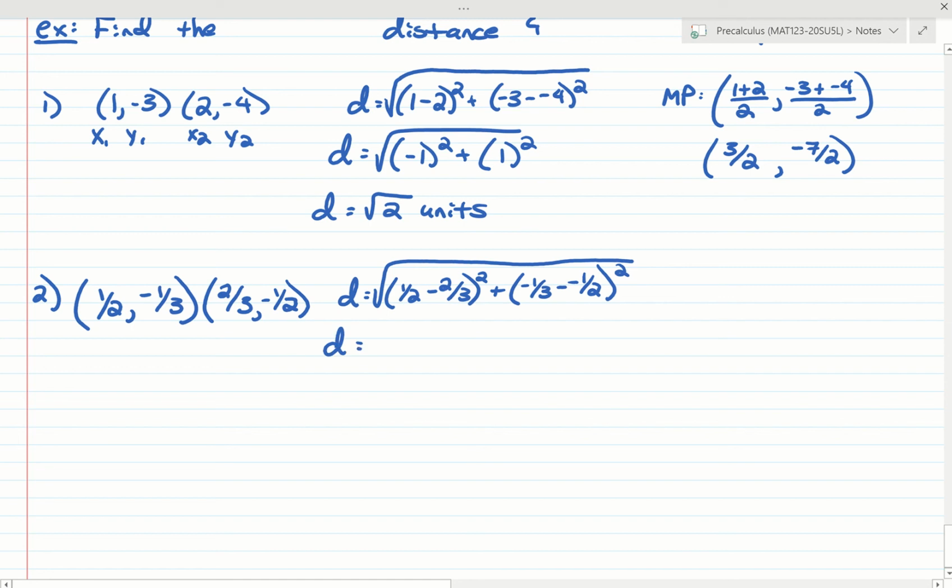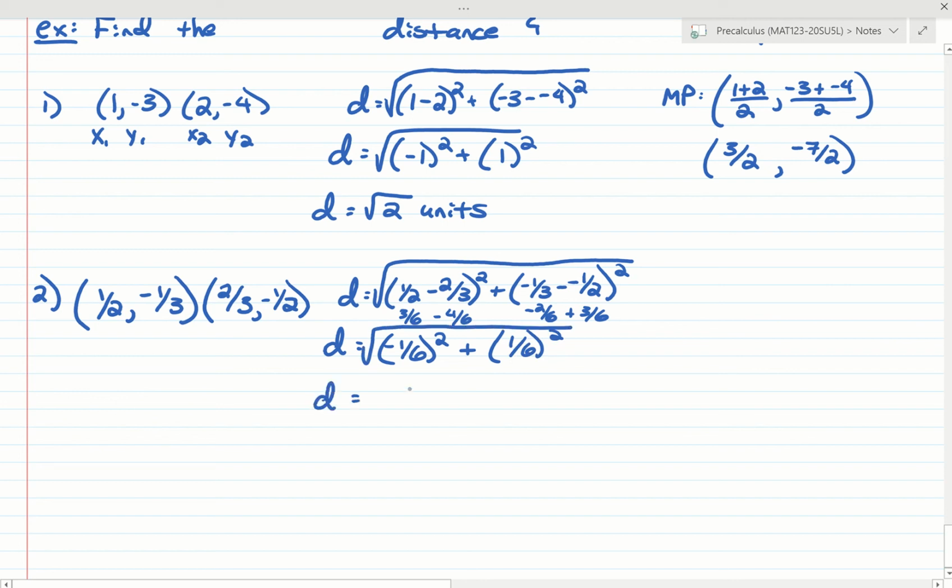So 1/2 is the same thing as 3/6 minus 4/6, or -1/6 squared, plus -1/3 is the same thing as -2/6 plus 3/6 is 1/6 squared.